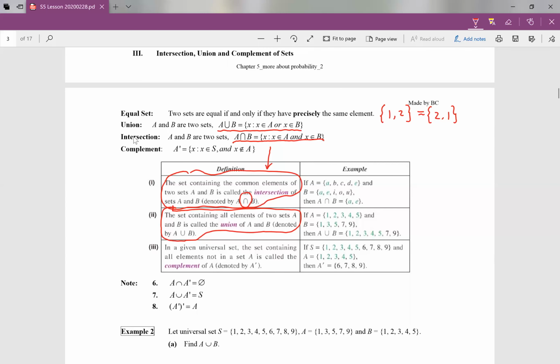So union and intersection are the two operations we can do within two sets.